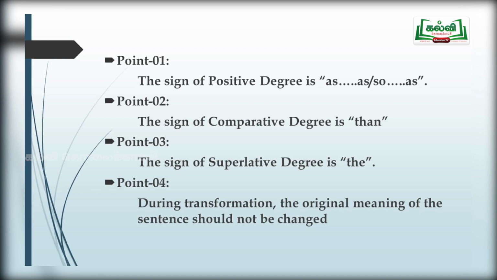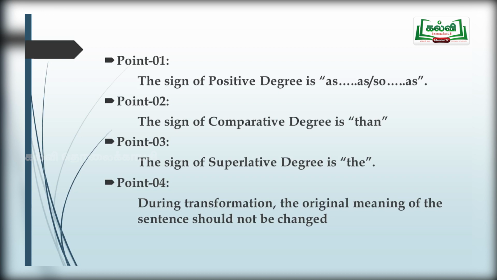The first sign, of the positive degree, is as, or, so as. When you find these sets of words, you can easily locate it is positive degree. Positive degree will have the words as, or, so as.